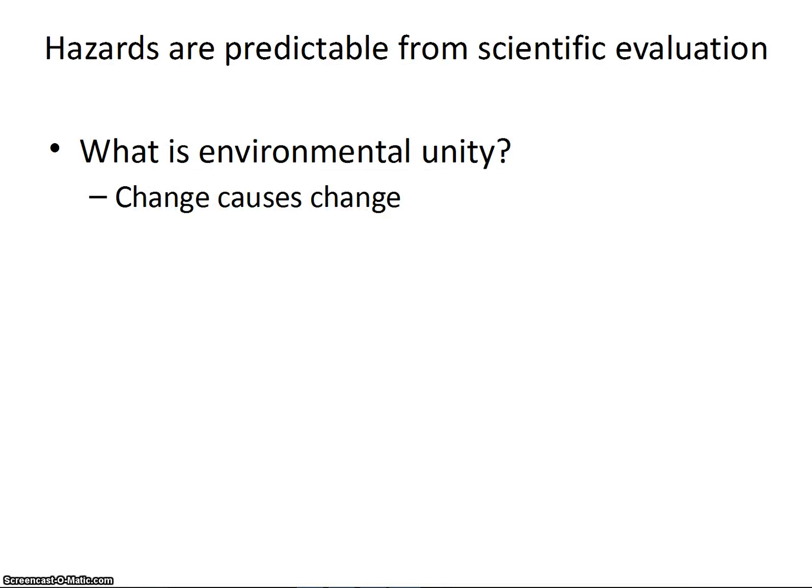Environmental unity is the idea that the entire Earth is a system, and that if you change a part of the Earth, then other parts of the Earth system will change. Everything is linked. An example: if we cover soil with asphalt, we've changed the infiltration of water into the soil, which changes the drainage of the soil into streams, which changes the stream quality and the type of life that likes to live in the stream.